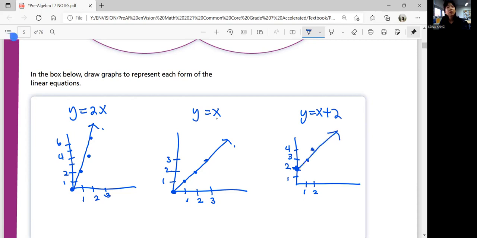So it has the same slope of y equals x, but it starts at a different point. Okay, so these are just a simple overview of the differences between the linear equation that has the slope and that has the y-intercept. What if they have both? We'll explore more about it.